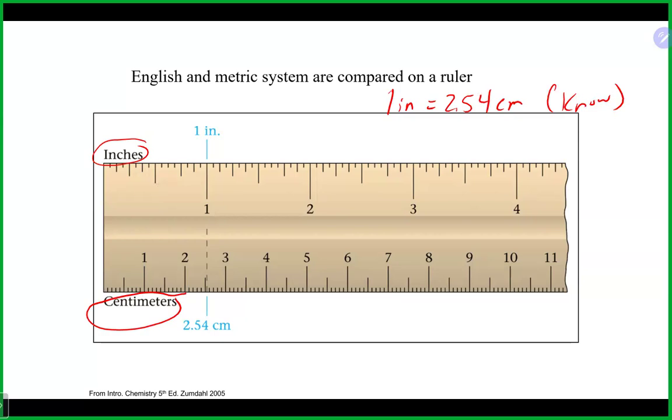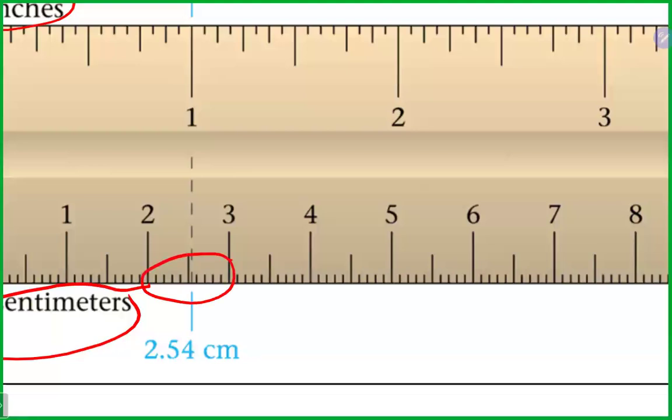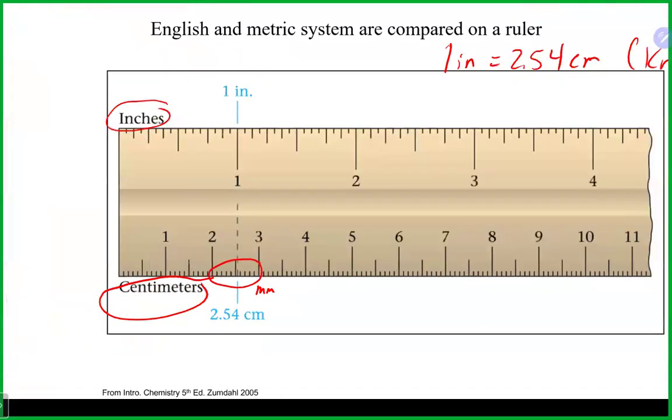Top is inches, bottom is centimeters. Little guys down here are what? Those are millimeters, yeah? There are 10 millimeters in 1 centimeter, so 10 little dashes between each of the bigger ones. So inches on top, usually on a standard ruler, centimeters on the bottom, and the little guys with the centimeters are millimeters.